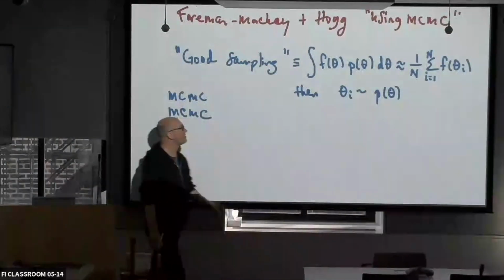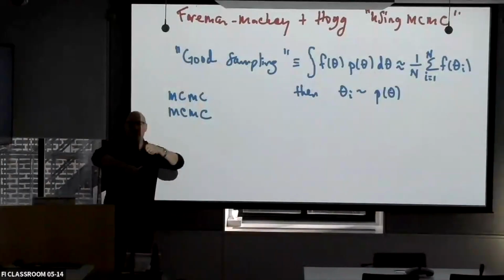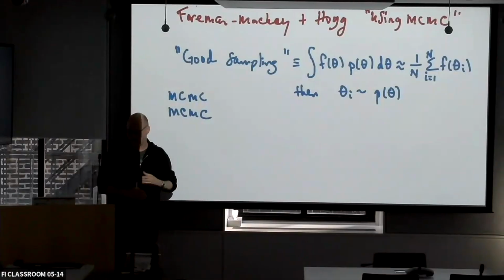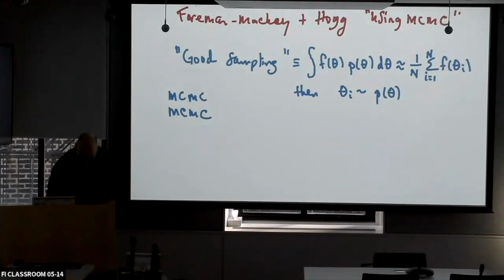The sense in which it's Markov chain is that it produces samples in a sequence, and those samples are going to have some autocorrelation. They are not independent samples. They will depend on the previous samples. So that means if you have an MCMC method, it means you actually produced a sequence of samples, theta 1, theta 2, to theta n.